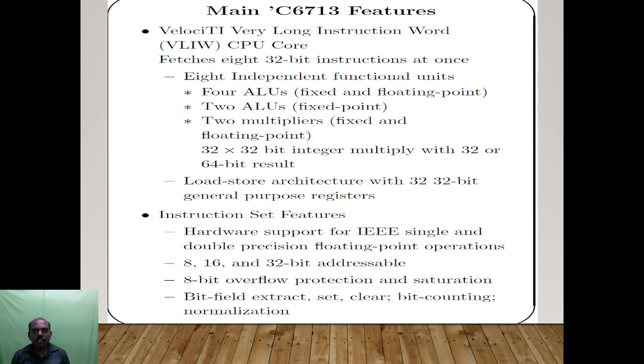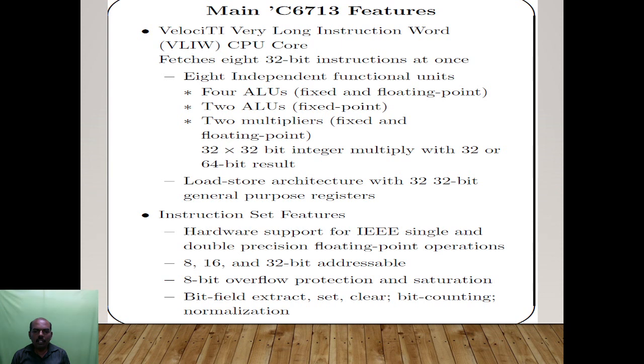The main TMS320C6713 features: VelociTI very long instruction word CPU core, fetches 8 32-bit instructions at once, 8 independent functional units, 4 ALU fixed and floating point, 2 ALU fixed point, 2 multipliers fixed and floating point, 32 x 32 bit integer multiply with 32 or 64 bit result.